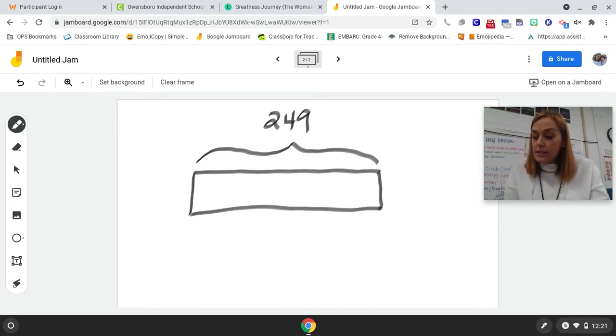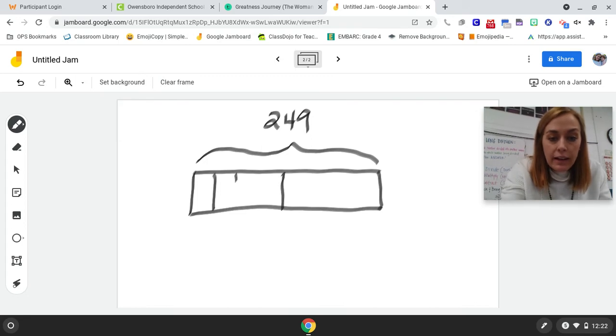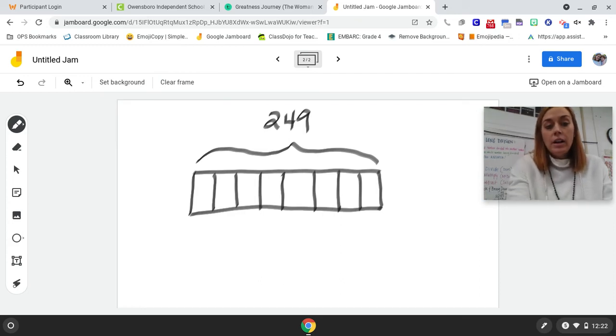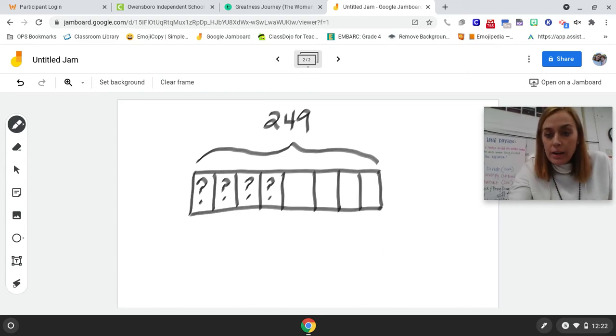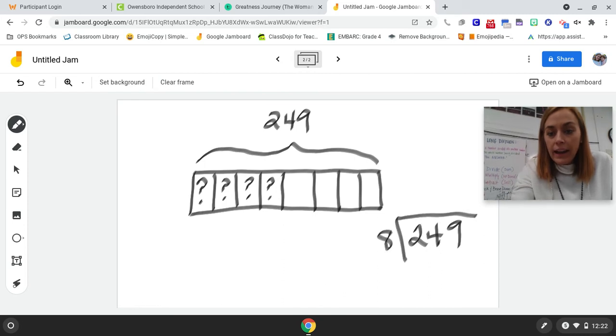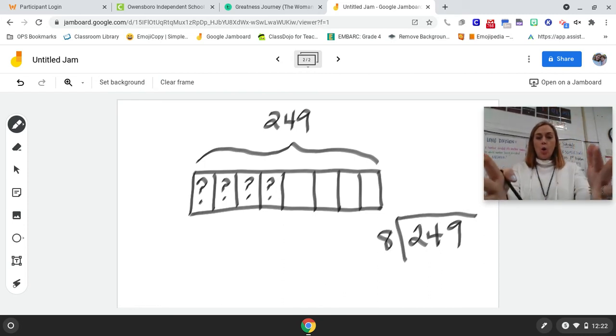So I'm trying to figure out, if I have 8, I'm going to divide this into 8. I want to know how many each of these little squares is going to represent, okay? Well, how can I solve that? I have to take my 249 and divide it by 8. I've taken that whole and divided it up into 8 little parts that represent my 8 students.